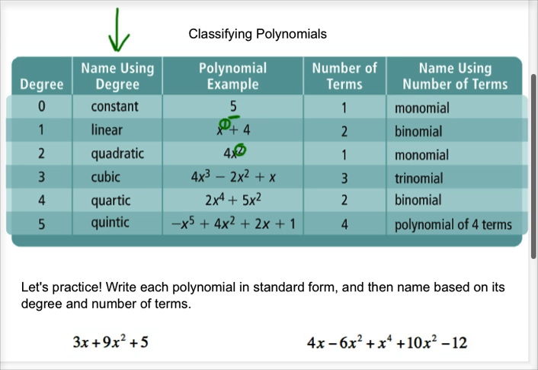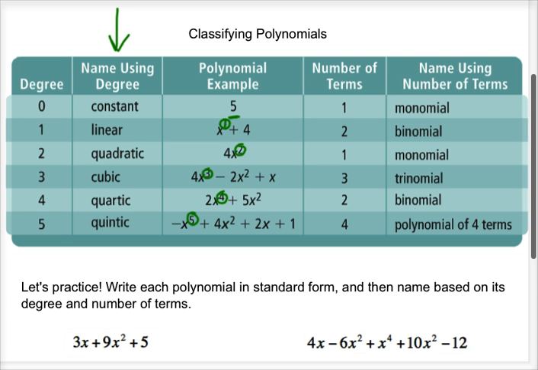The next one, degree 3, we're going to call a cubic function, a cubic polynomial. Then degree 4, we call quartic, okay? And finally, degree 5 is a quintic polynomial. So there's a list of all of the ways we can name polynomials based on the degree that we see.